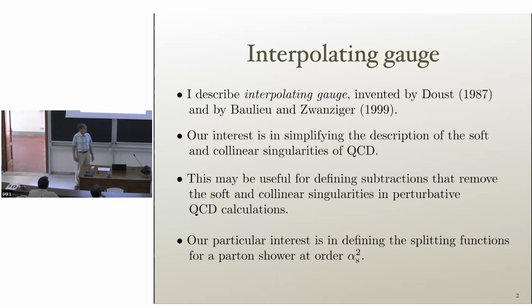Zoltan's and my interest is in defining the splitting functions for a next to leading order parton shower, which is rather a big and complicated job, and we want to check which gauge would be best to do that in. And we found this one in the literature.